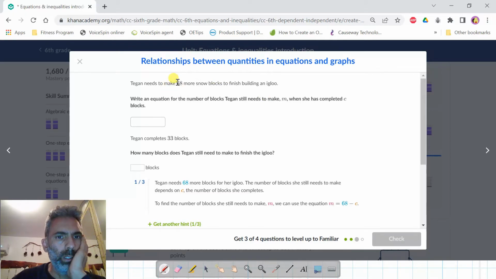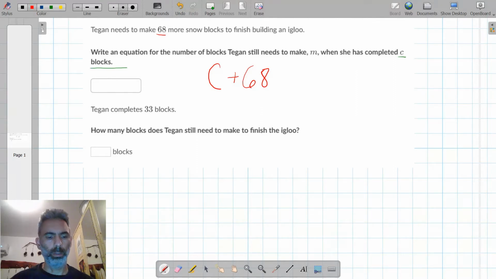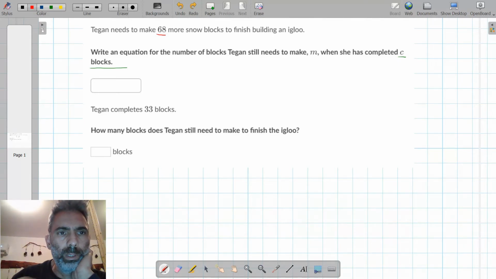Okay, now I get it. This is the total number of blocks she still needs to make. Out of this total number, she has already completed C blocks. The phrasing is confusing because they are using the same words.